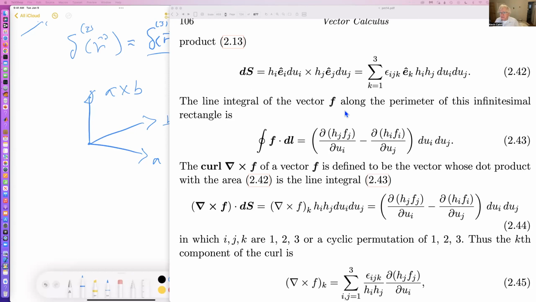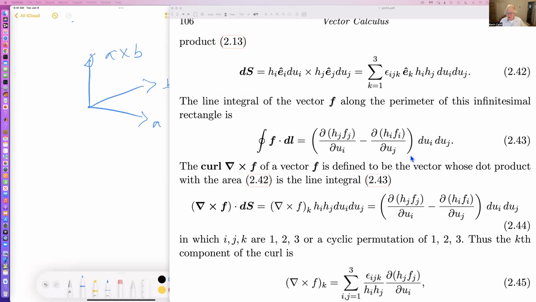The line integral of a vector f along the perimeter of this infinitesimal rectangle. So the rectangle in this case looks like that.